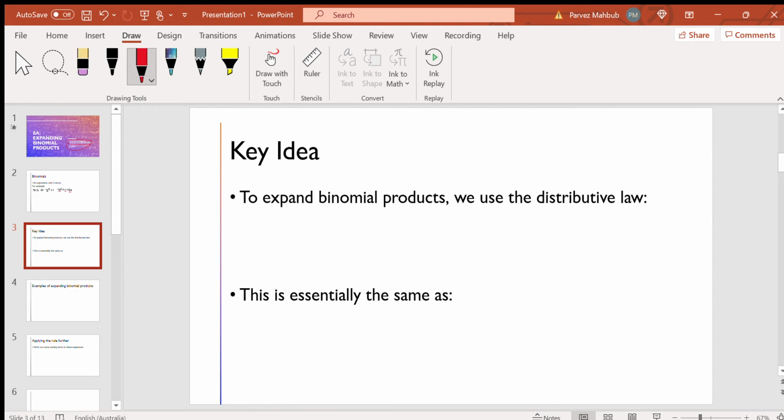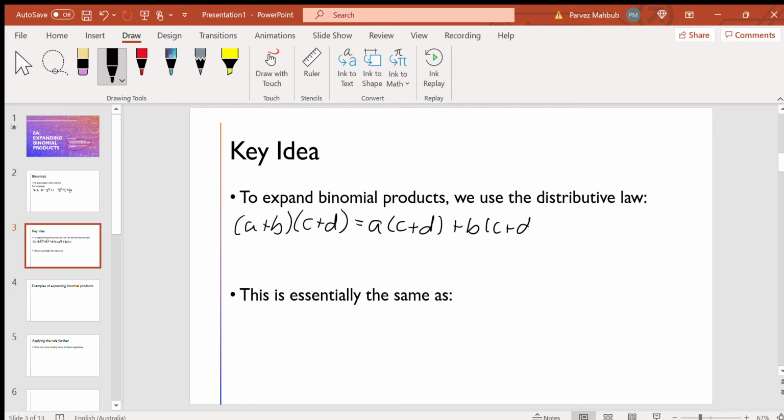So, to expand binomial products, we use the distributive law. The distributive law is a plus b times c plus d is equal to a times c plus d plus b times c plus d.